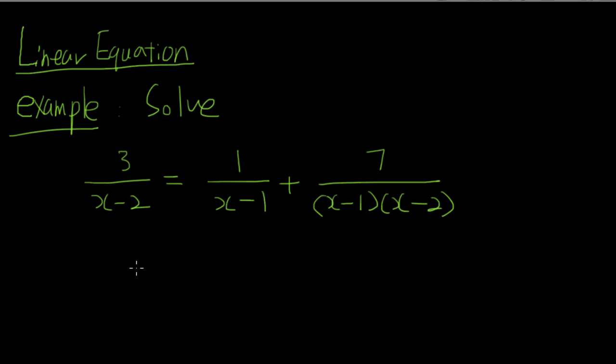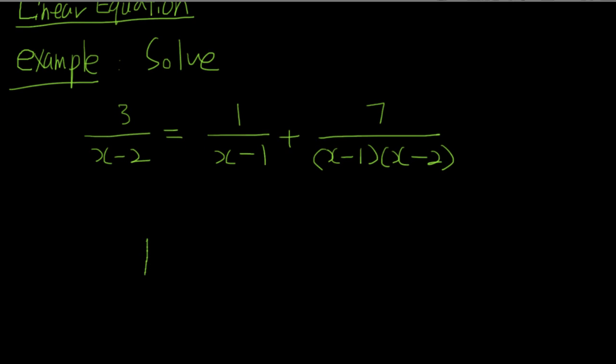So at this stage it doesn't particularly look like linear, but if you simplify this a little bit further, it will become linear. Again, this is in a way a rational expression form. So whenever we have a denominator like this, it will be best if we can get rid of all these denominators.